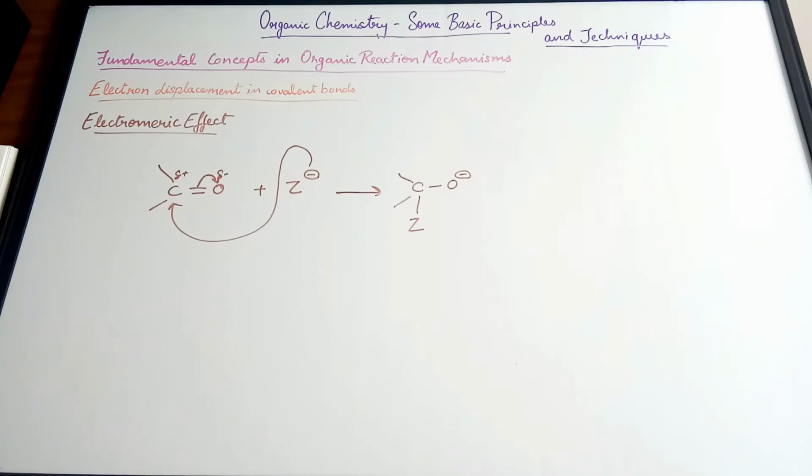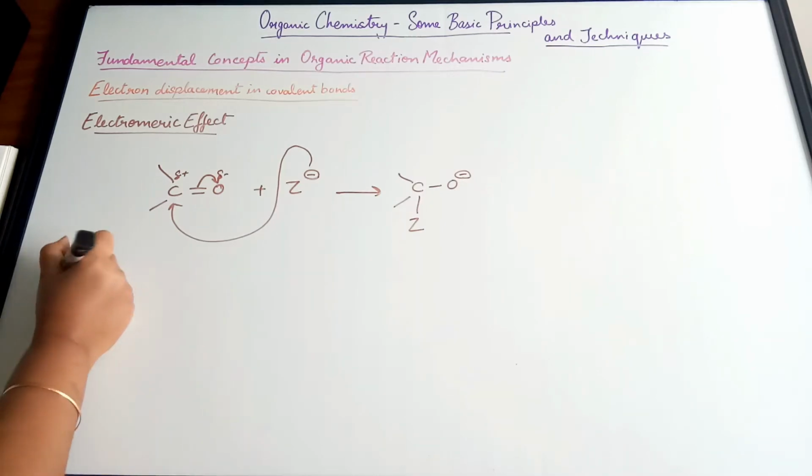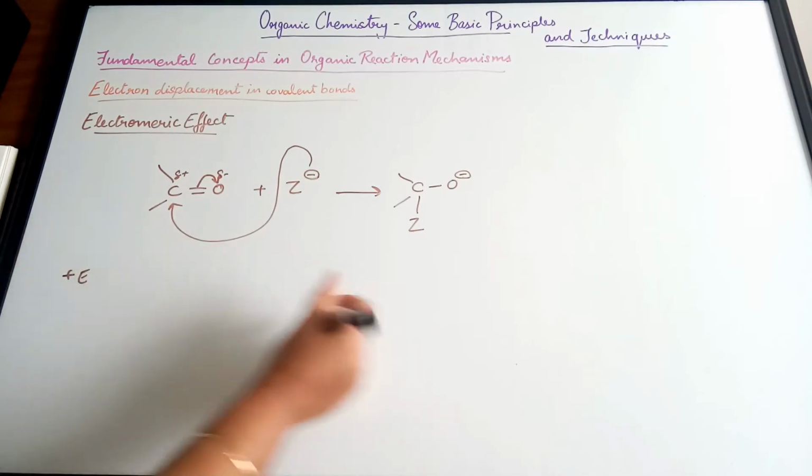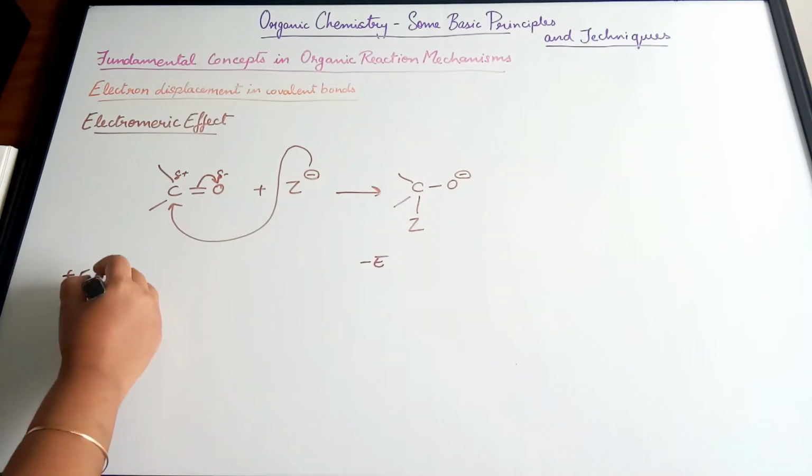And this phenomenon of movement of electrons from one atom to the other of a multiple bond is called electromeric effect. And like inductive effect, there are two effects, plus E effect and minus E effect.